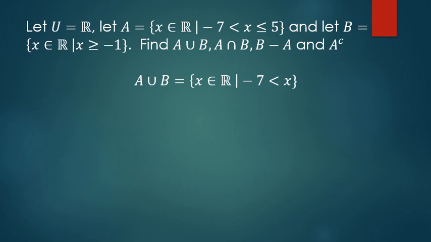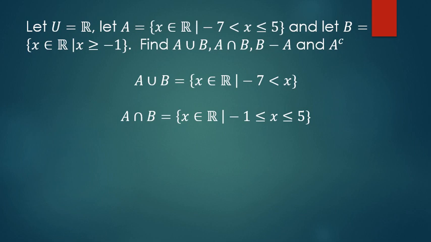What you would find is that your intersection is all real numbers between and equal to -1 and +5. Give me any number between or equal to -1 and +5, and they're going to lie in both A and B at the same time.